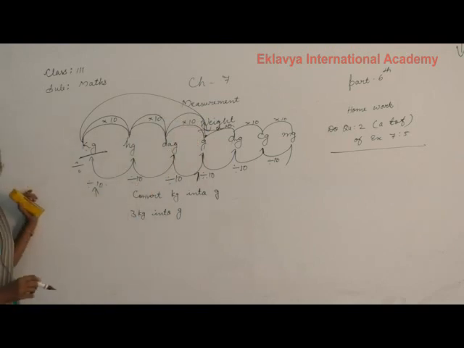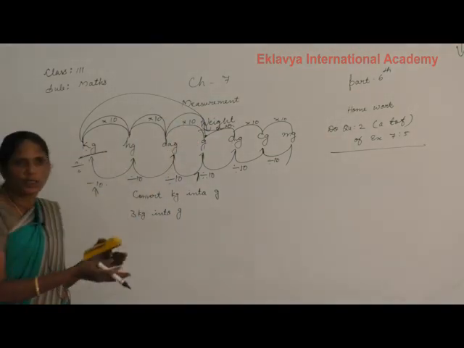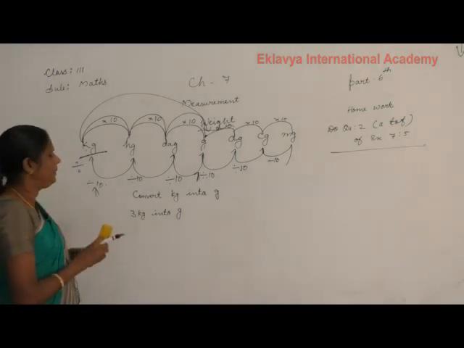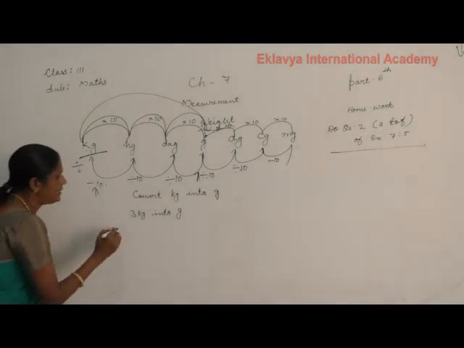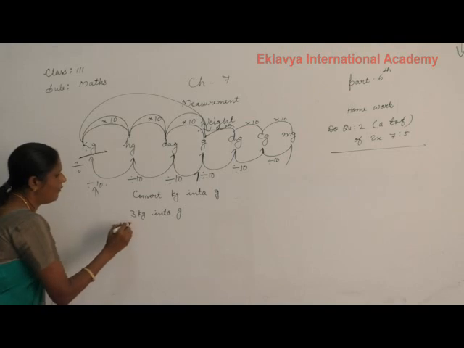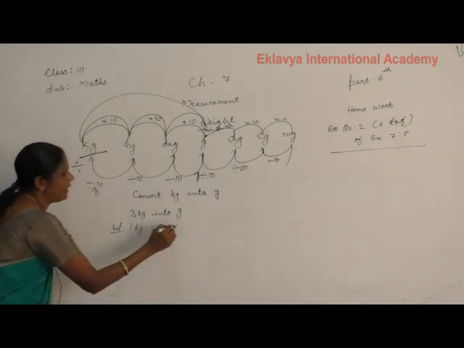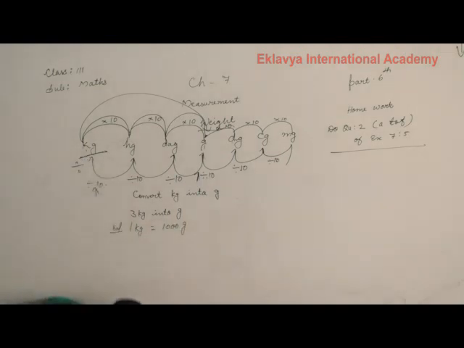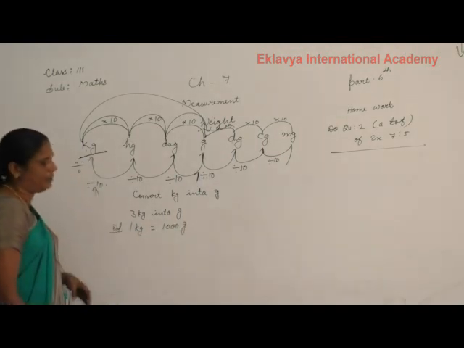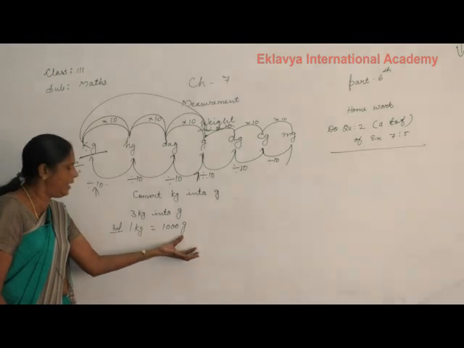Multiply or divide? Bigger to smaller, we multiply. Solution: 1 kg is equal to 1000 gram.